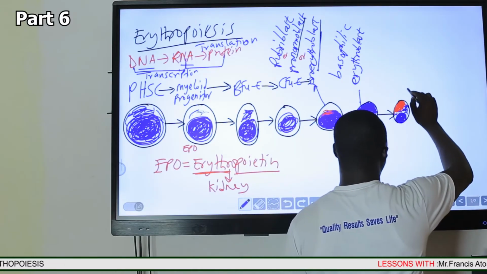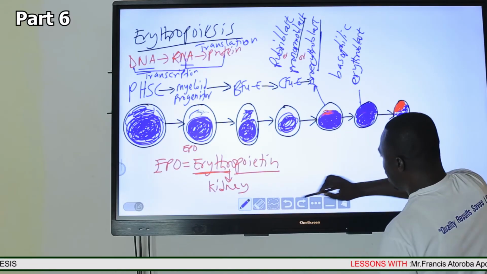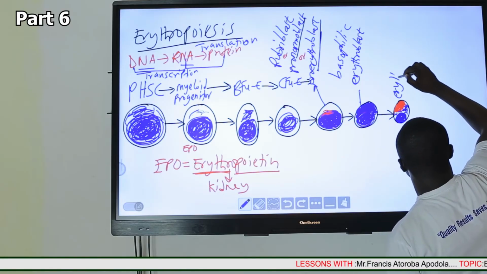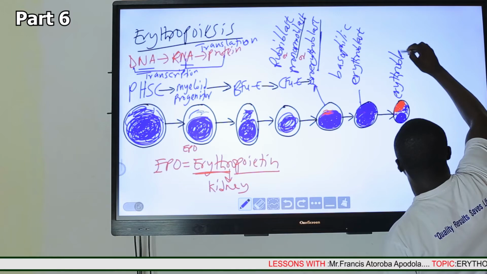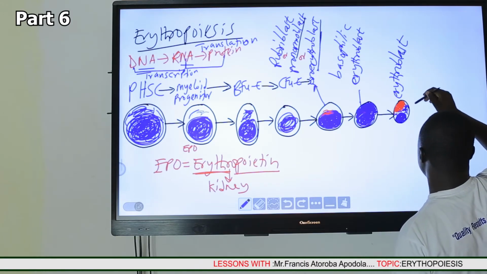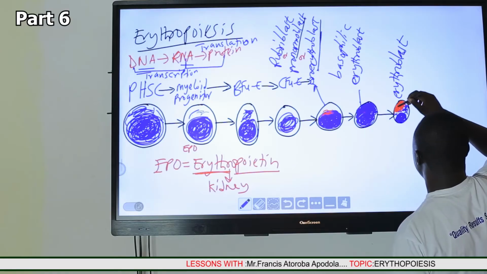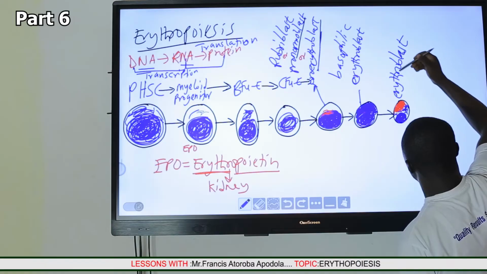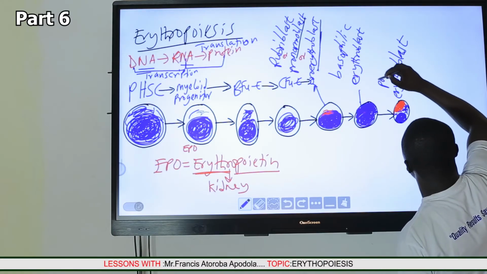So different shades of color. It is not one color. So this is still an erythroblast, but the cytoplasmic staining is having a bluish color and also a pinkish color, and that makes it have more than one color, and more than one is called poly.